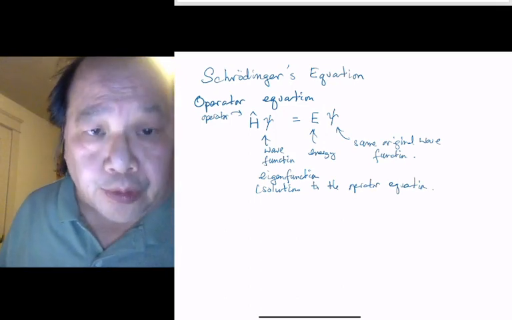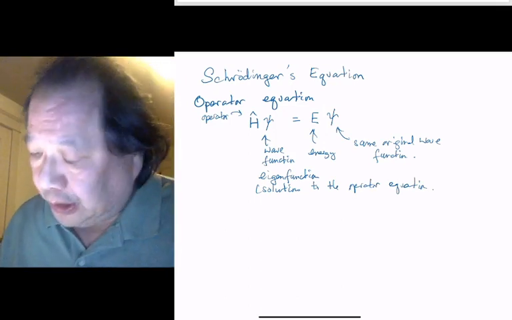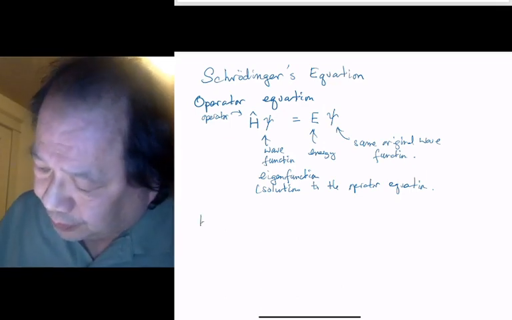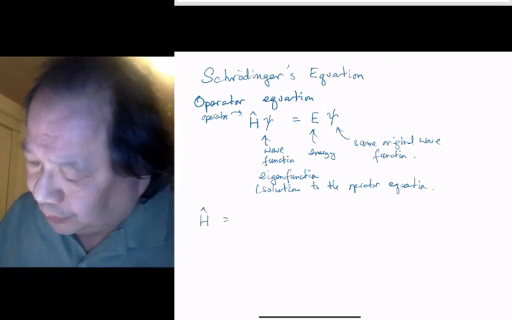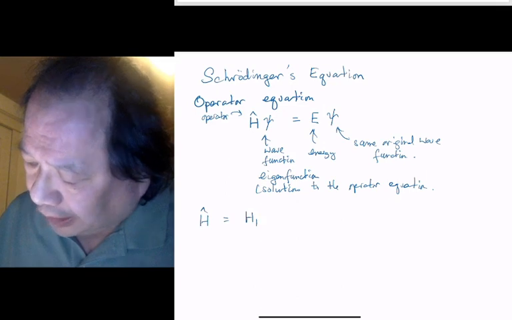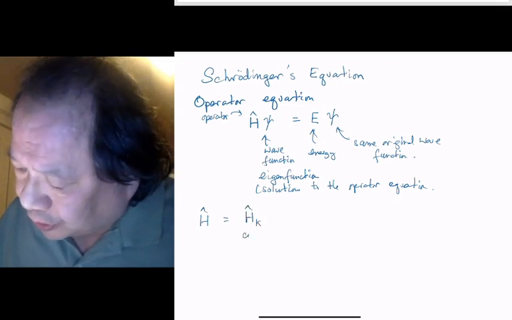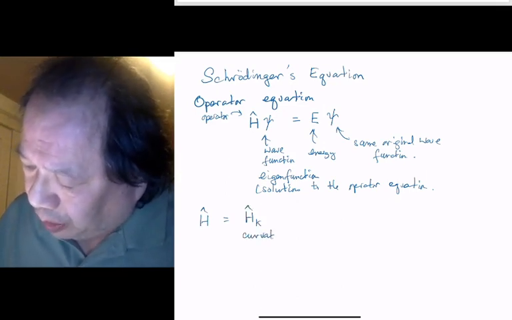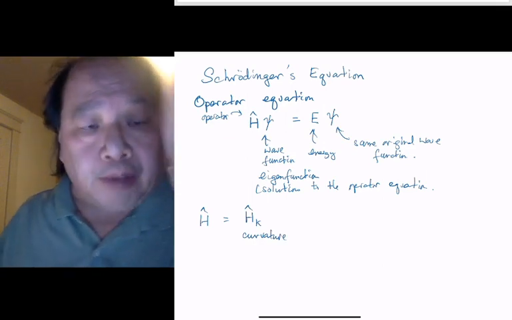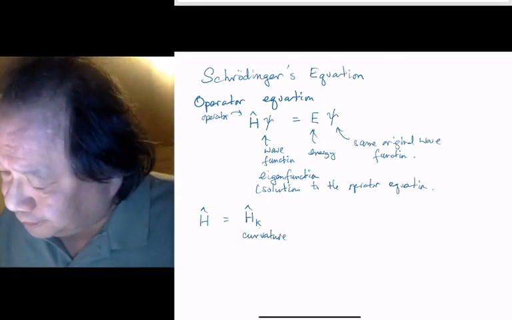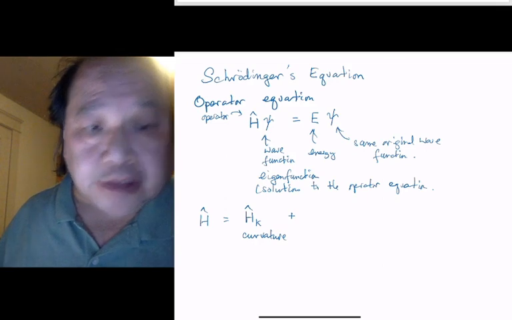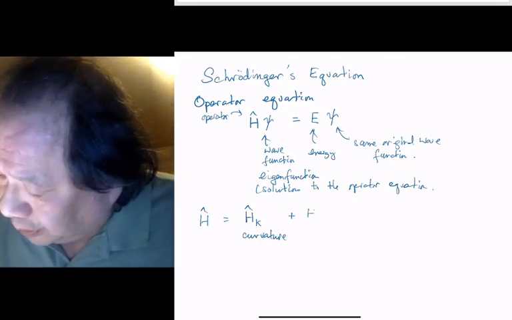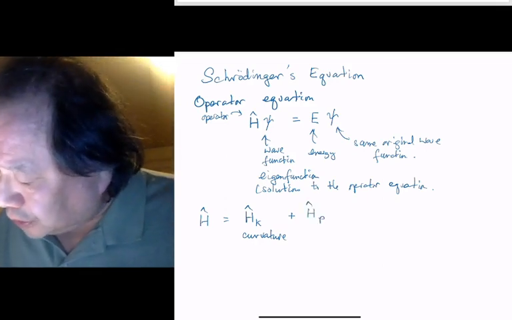Schrödinger's operator equation for the energy had two terms. There was one term, which I'll call H_K, which measured the curvature. The curvature is how much a function is curving. Plus a second operator, H_P, which measured potential energy.